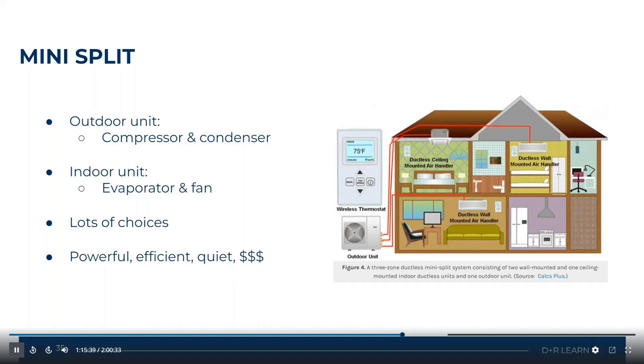The mini splits come in a few different flavors or types, and the two types are the single and the multi setup. Your single setup is a single zone mini split system, which is designed to heat or cool just one single room.